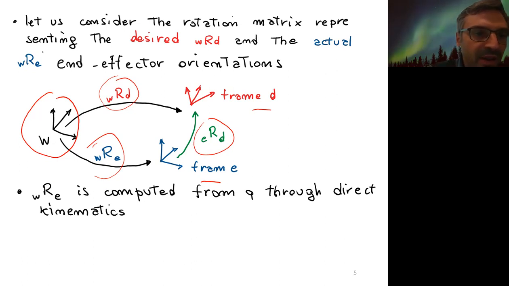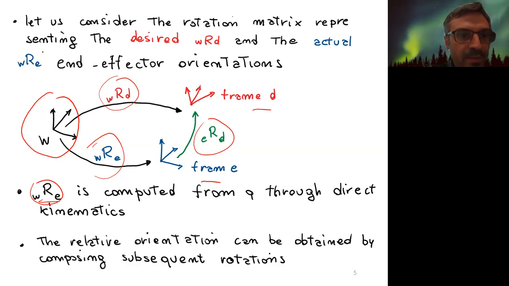First, we know that through the homogeneous transforms from the joint angular positions, we can get through direct kinematics the rotation matrix representing the orientation of the end effector. Then we can compose in subsequent rotations the relative orientation.